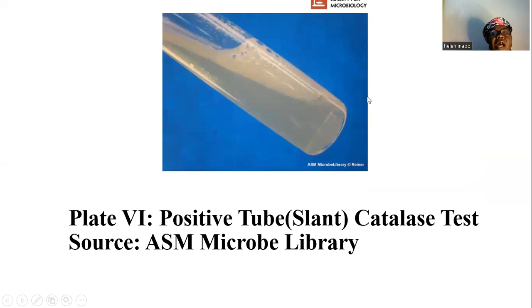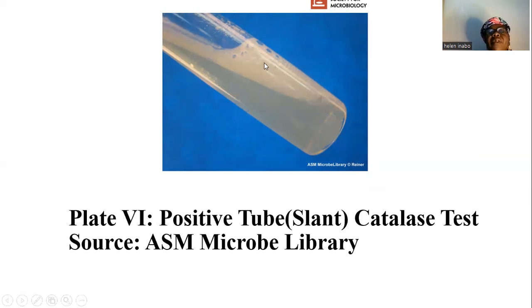If an alternative is required, the test organism can be grown on agar slant, and a few drops of hydrogen peroxide can be added directly to the surface of the agar slant.